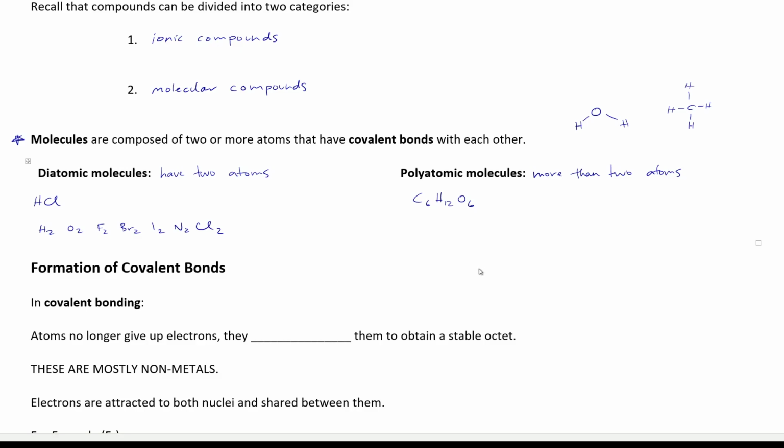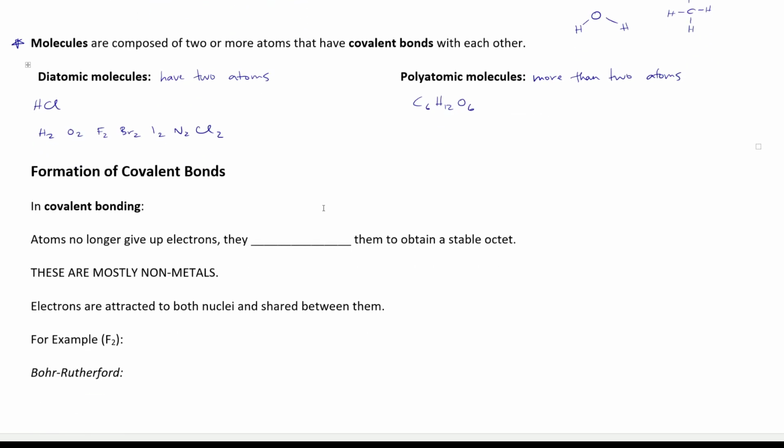And there are lots of complicated polyatomic molecules as well as simple ones. So the key idea here is to distinguish between diatomic, having two atoms, like hydrogen chloride. Hydrogen fluoride would be another example, right? And also polyatomic molecules, which are made up of more than two atoms.